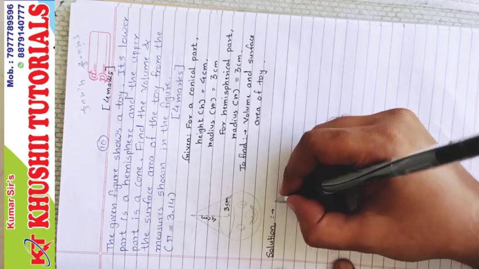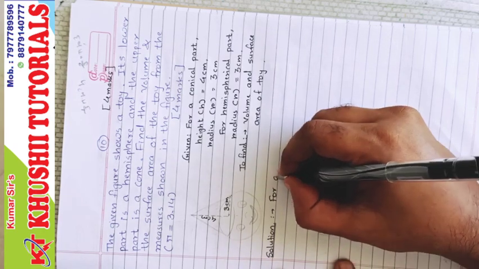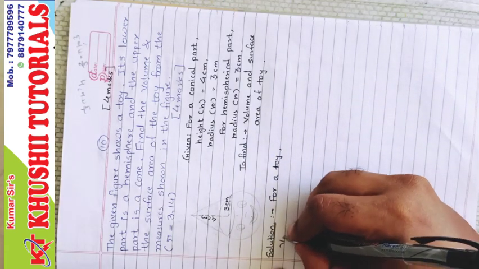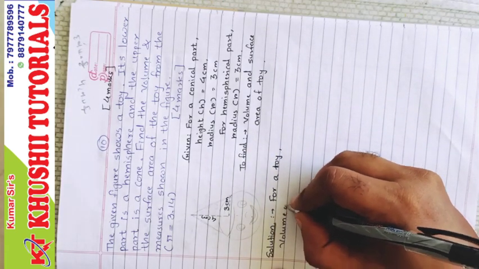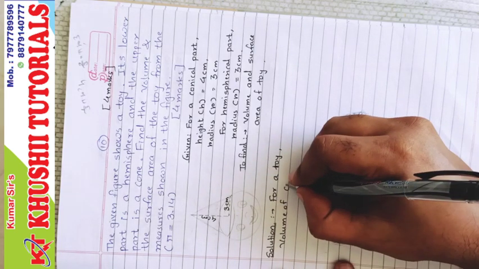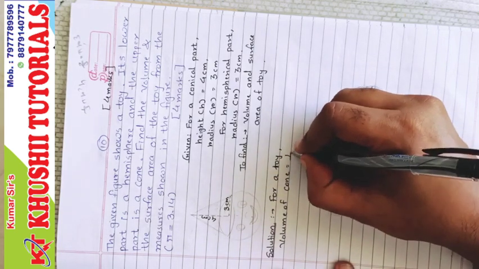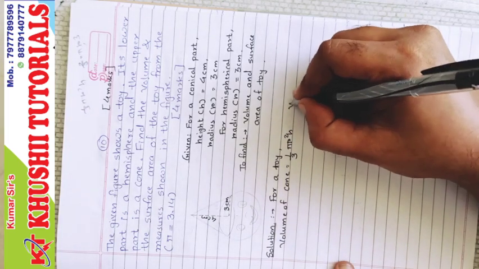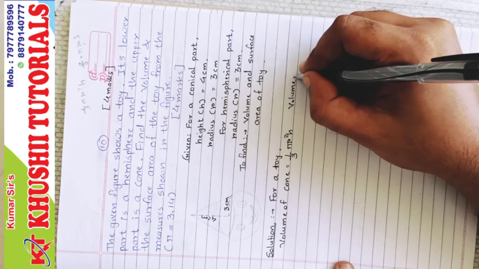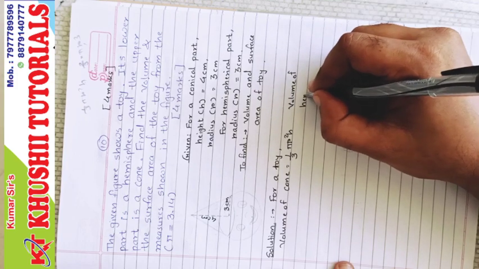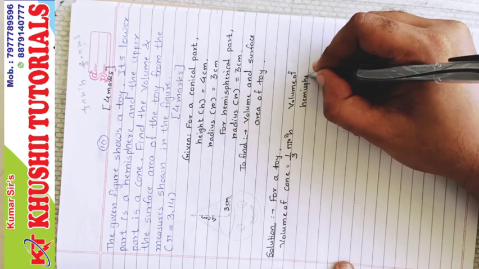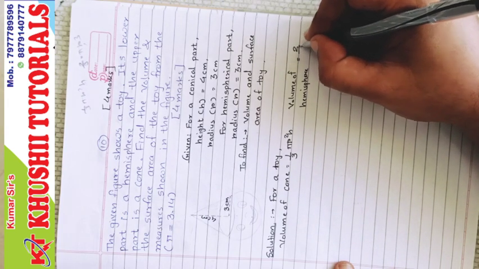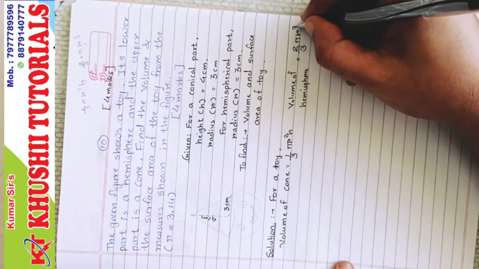Solution: now for the toy, volume of cone equals 1/3 pi r square h, and volume of hemisphere equals 2/3 pi r cube.